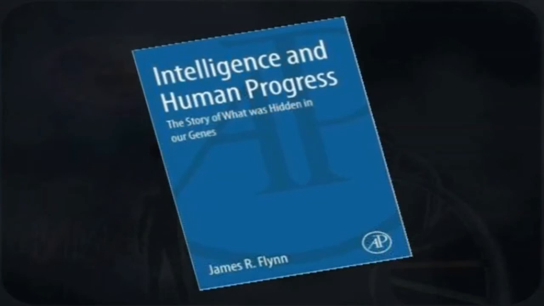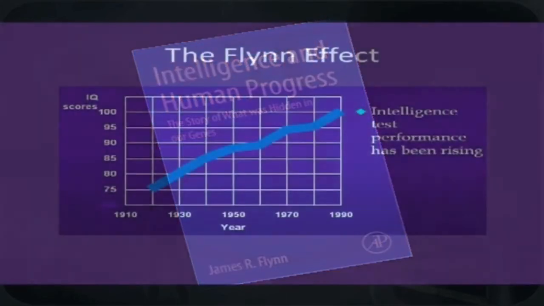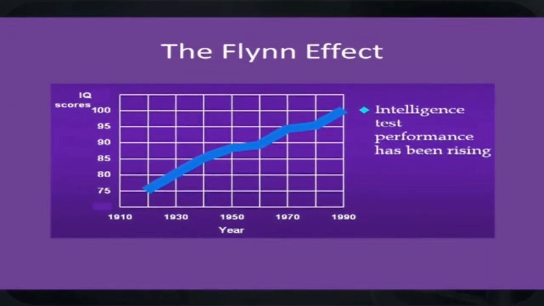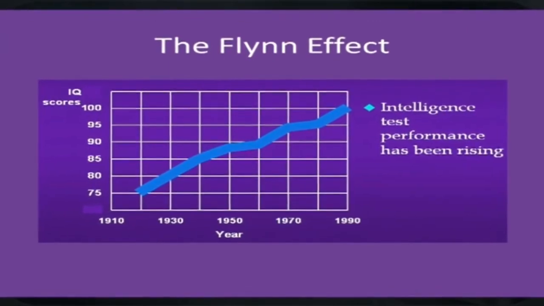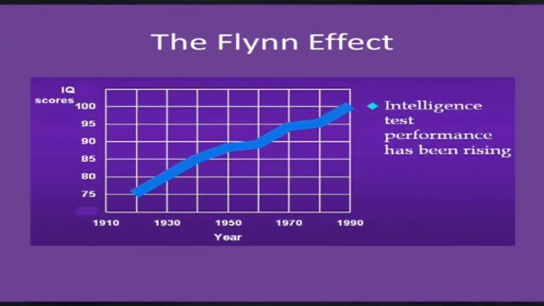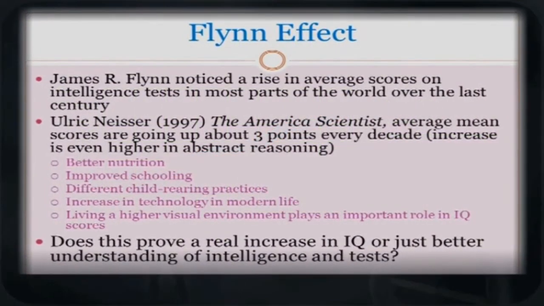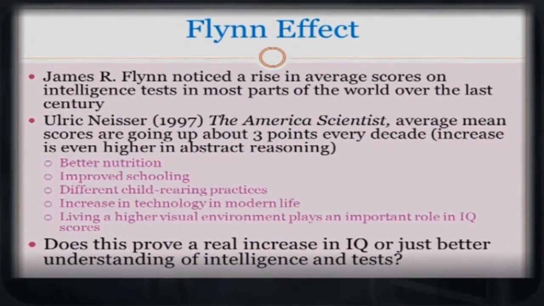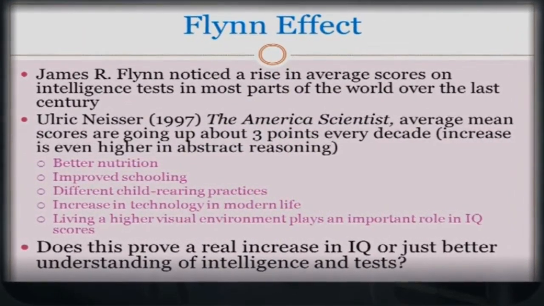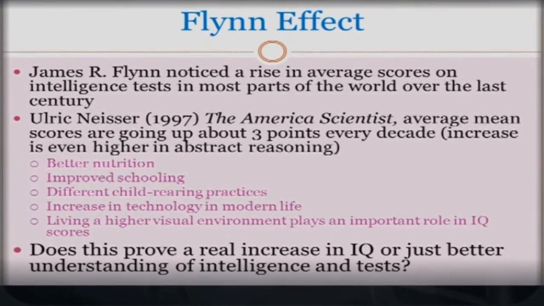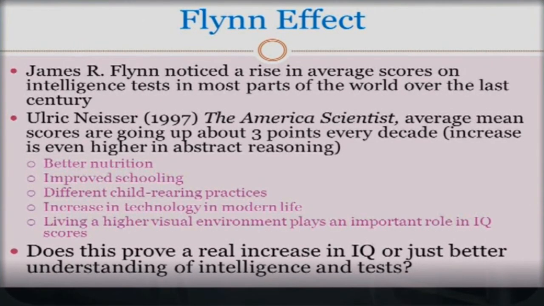The Flynn effect is the substantial and long sustained increase in intelligence test scores measured in many parts of the world from roughly 1930 to the present date. It is quite interesting to note that test score increases have been continuous and approximately linear from the earliest years of testing to the present.